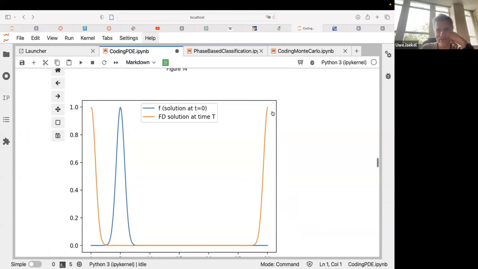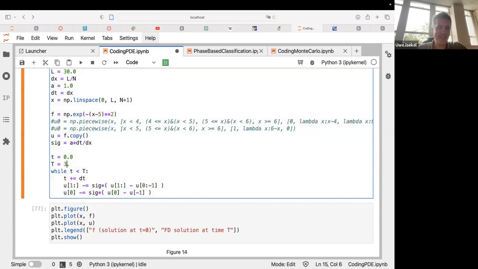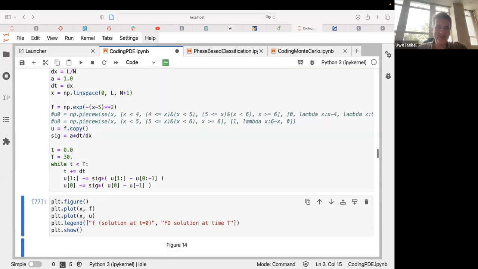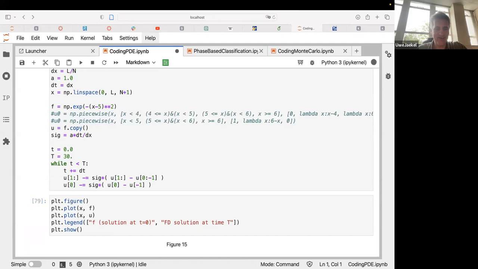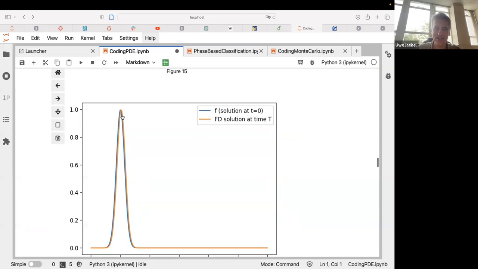The peak is shifted to 30 at the right boundary, but you see the information is entering through the left boundary again. Which means that if we proceed by 30, the solutions should lie above each other again. Of course, we have a small numerical error, but otherwise it works.